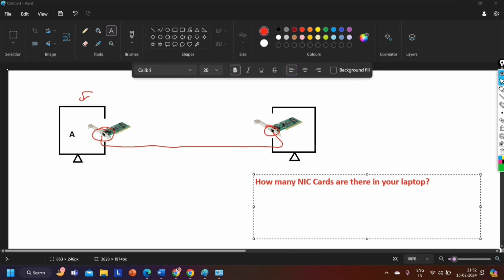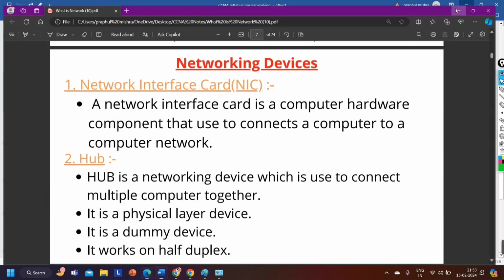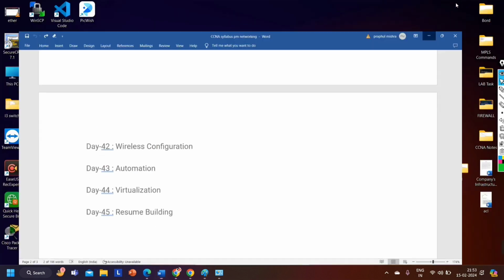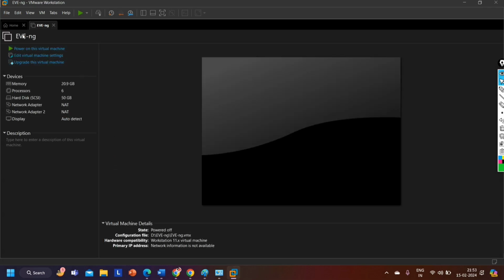That is the reason why we came up with virtualization. Now if I want to use Linux as well as Windows and many more operating systems, I can use VMware. You can see in my computer there is VMware software, and if I open my VMware, you can see there are lots of devices. You can see EVNG is there.